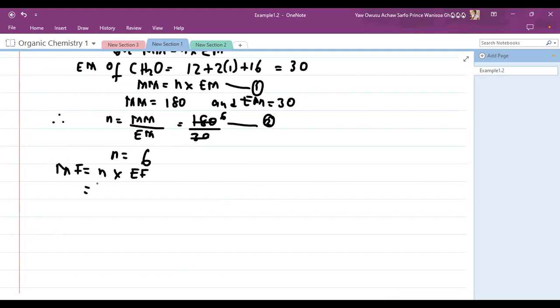So our molecular formula is 6 times CH2O, so it is C6H12O6. This compound is glucose.